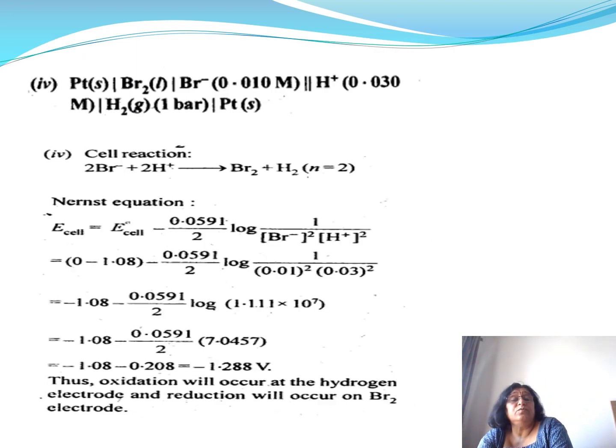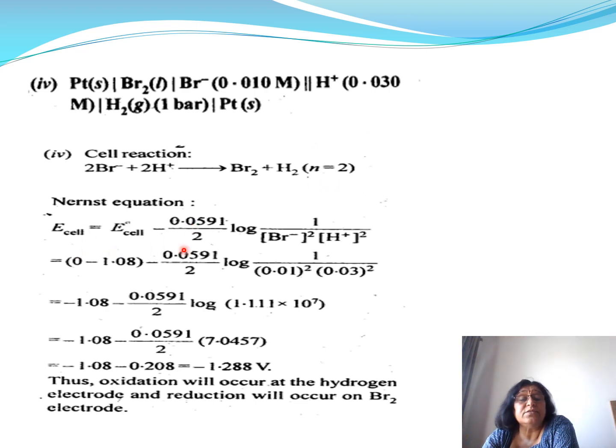Then platinum, bromine, bromide 0.010 M, H+ 0.030 M, hydrogen gas 1 bar, platinum. So my equation is what? 2Br minus plus 2H+ gives you Br2 plus H2, and n is equal to 2. So write the next equation.